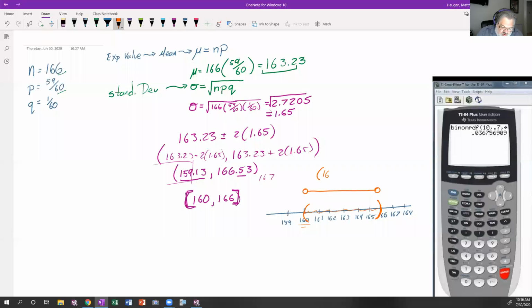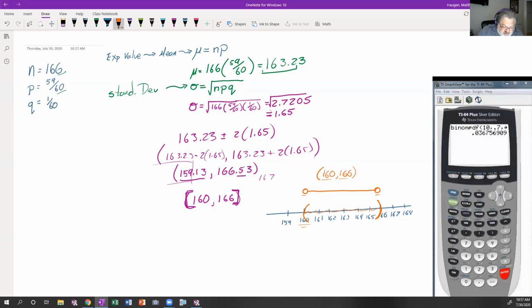That would be from 160 to 166, but not including those endpoints. Because these are whole numbers, there's nothing in between 160 and 161, because we're talking about people. But if this was a continuous variable where 160.3, 160.4, 160.8 were all possible, then we might want this for more than 160 but less than 166.